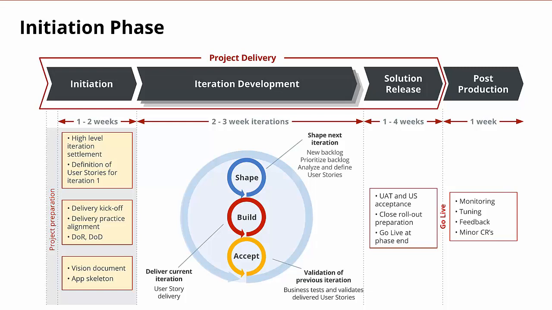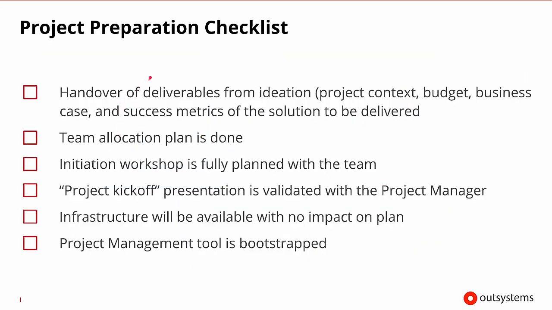So to make sure that all of these different tasks for the initiation workshop can be completed, what we should do is look at the project preparation checklist. These are the tasks executed in a project, and they have the purpose of preparing everything that's necessary for the first meeting with the team, such as handover of the deliverables from the ideation phase.